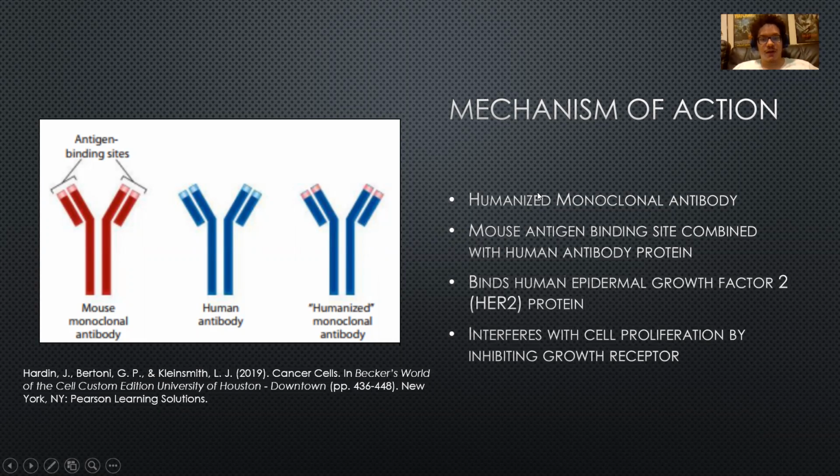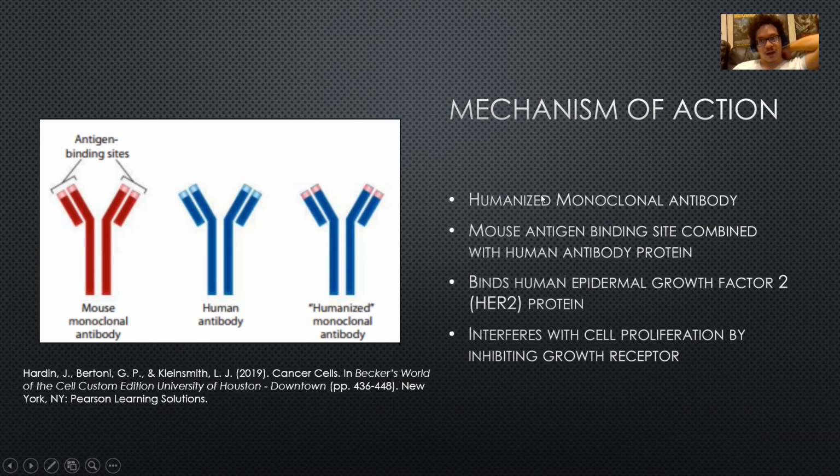This specific antibody binds to human epidermal growth factor receptor 2, or HER2 protein, and this protein is a receptor for cell proliferation signals. Whenever it binds, it is able to inhibit the activity of that receptor.